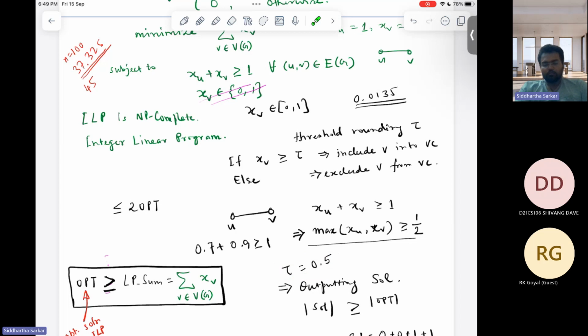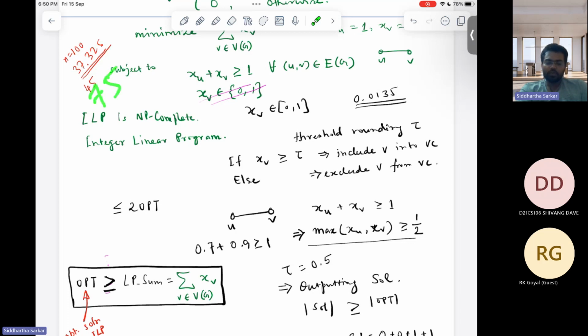then if LP sum is this, then the vertices that we have taken will be at most 2 times this thing. So what is 2 times this thing? In this case, 37, 37, 74, 75.